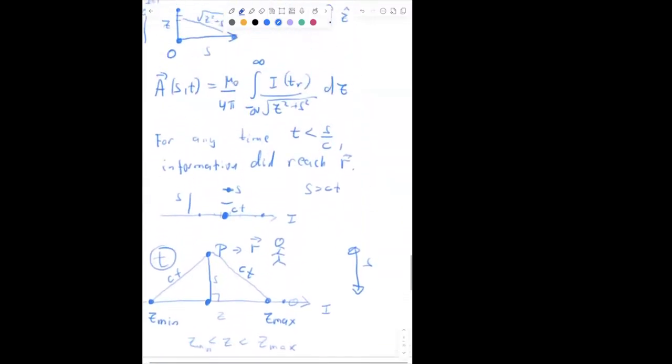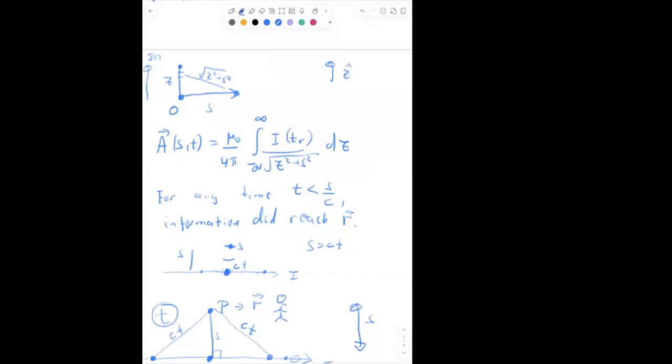What did I use here? I actually kind of avoided the difficult task of finding TR here. Why? Because this TR in this problem is simply equal to I0, because I chose a constant current. If I choose a current that is changing in time, for example, switching on adiabatically and not in a sudden way, then it will be much more complicated than this.